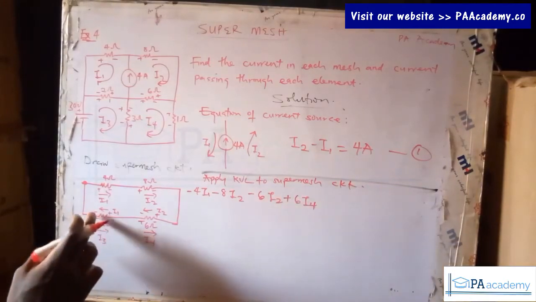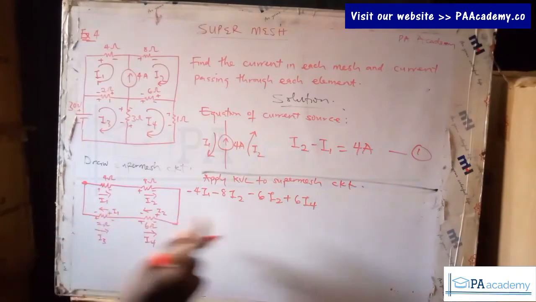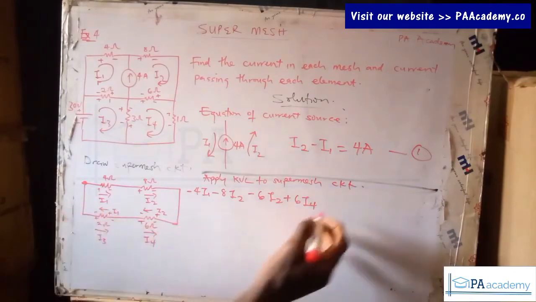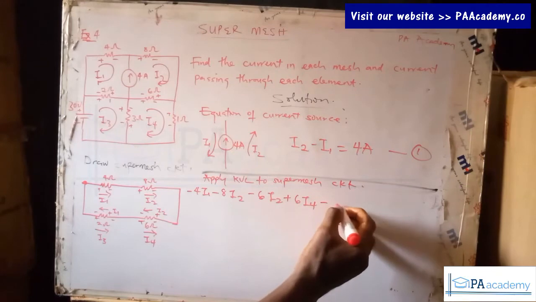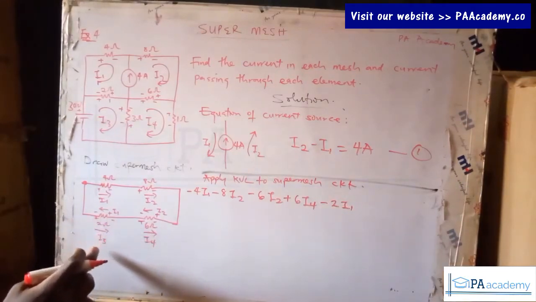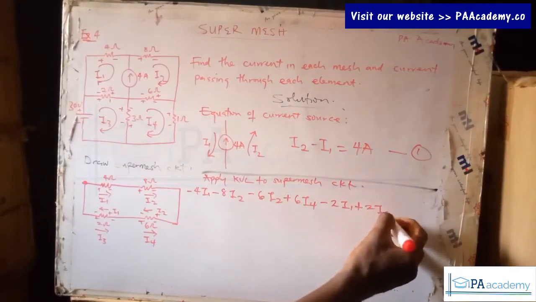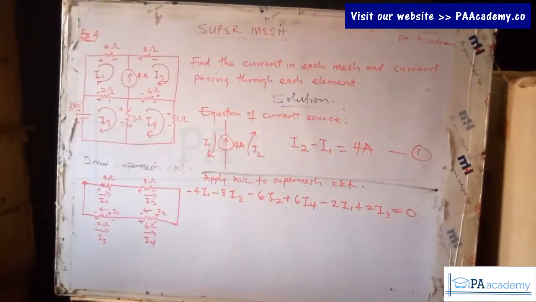And then from plus to minus, 2 ohm resistor. The current there is I1. That's from plus to minus, so that's going to be minus 2I1. Then from minus to plus, due to I3, that will be plus 2I3 equals to 0.